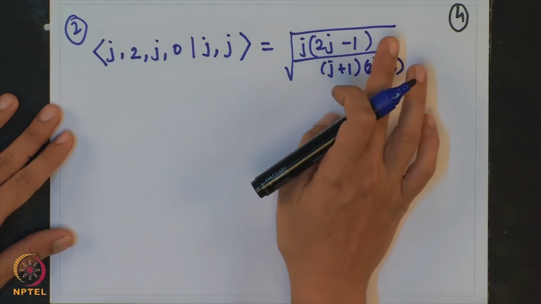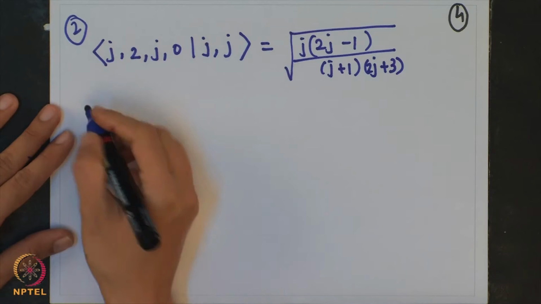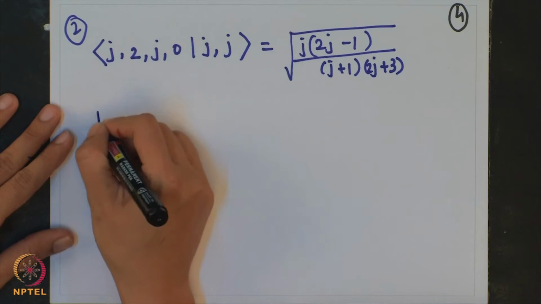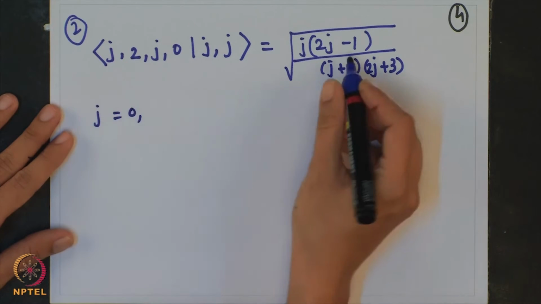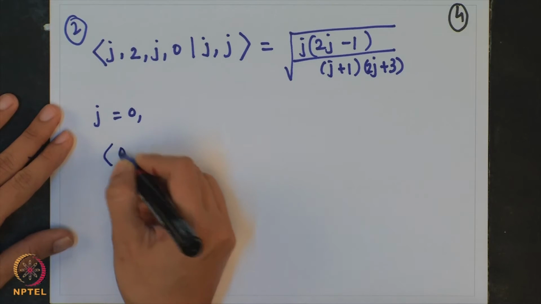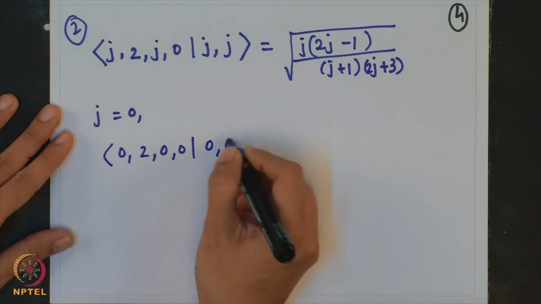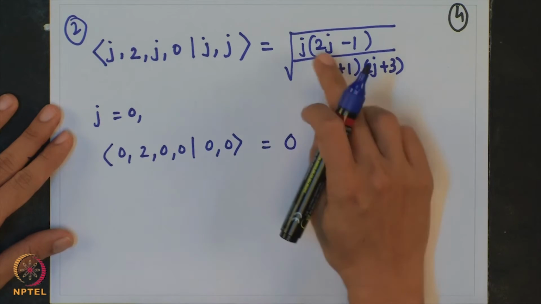This quantity is 0 when, let us check, when j is equal to 0, this term, that is ⟨0 2 0 0 | 0 0⟩, will be 0.